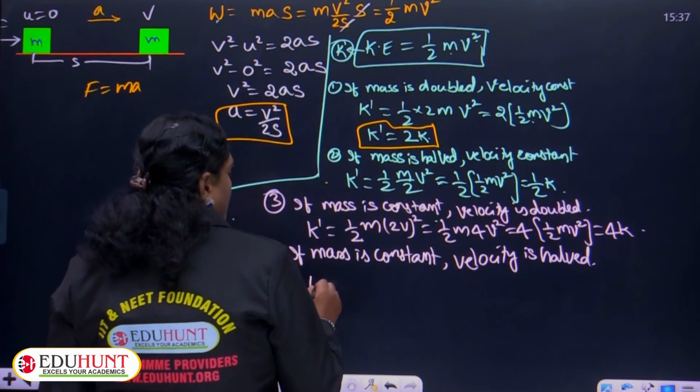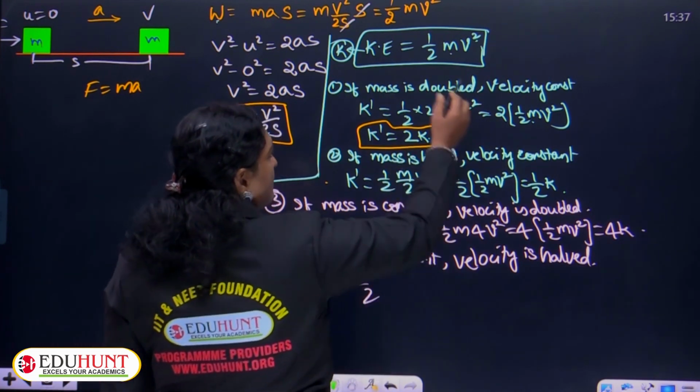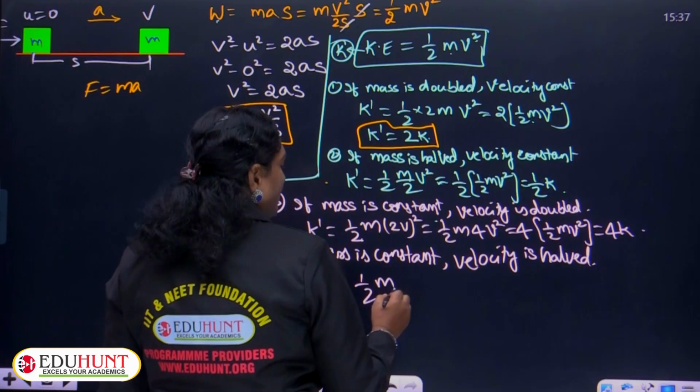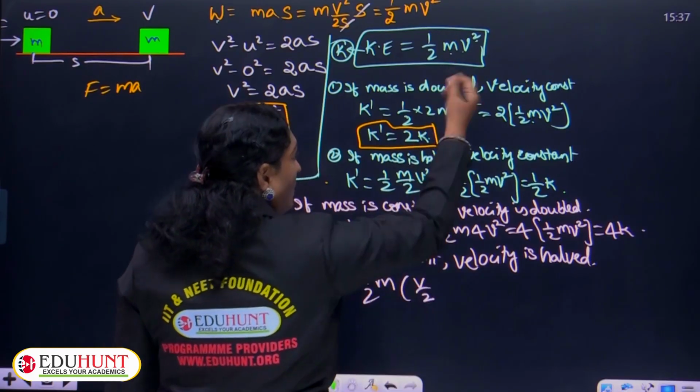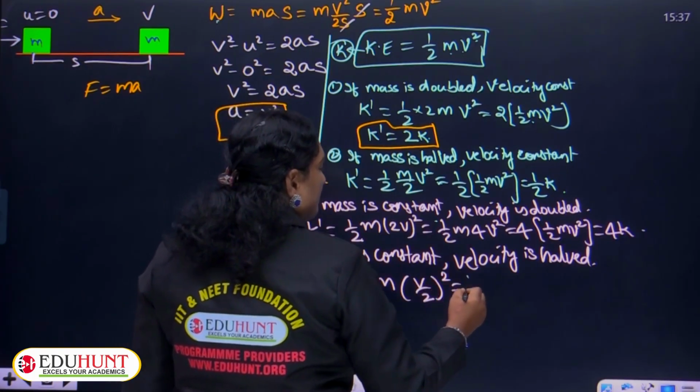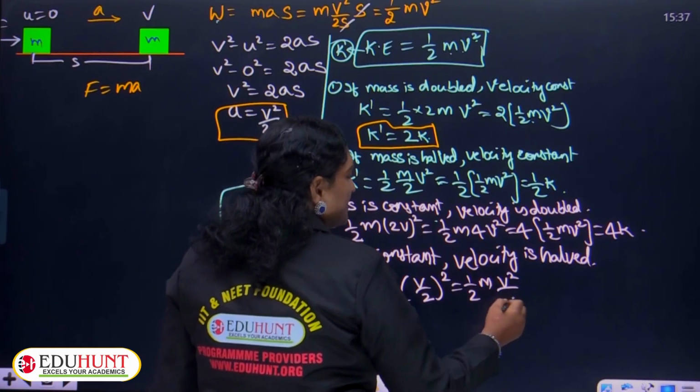Then the new kinetic energy will equal half of m into, now v is changed to v by 2 whole square. So, this equals half m, v by 2 whole square, which equals v square by 4.